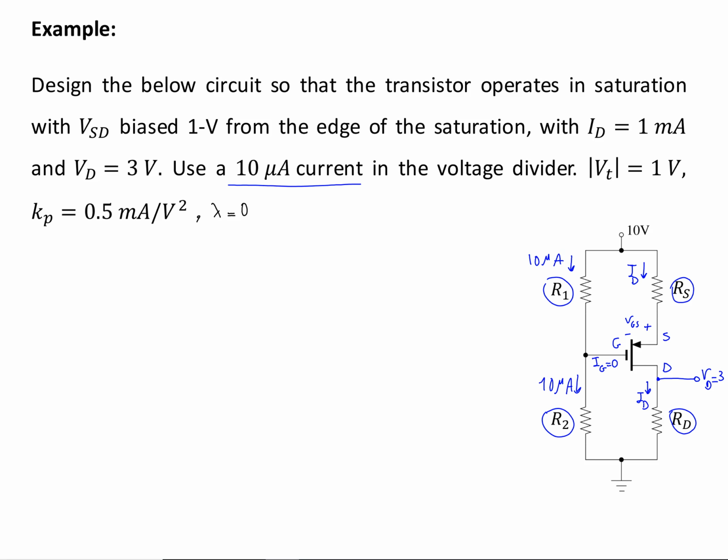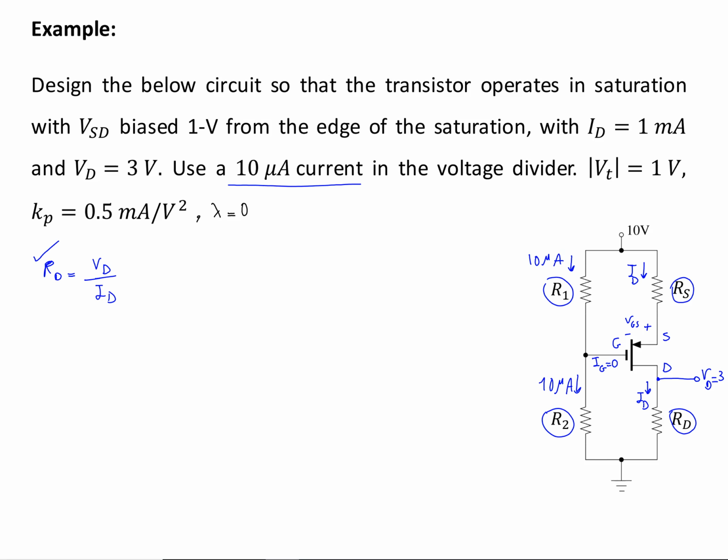I can use the drain voltage of 3 volts and a known drain current to calculate RD, because RD is VD over ID, so let me take some notes. Then I can get the value of the drain resistor.